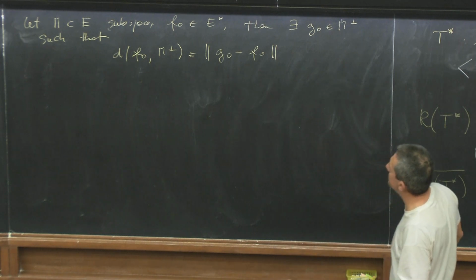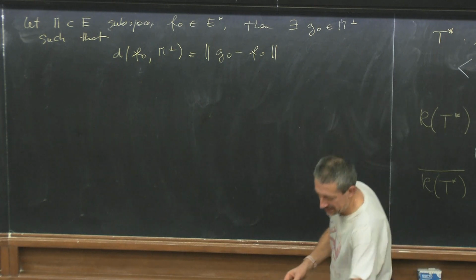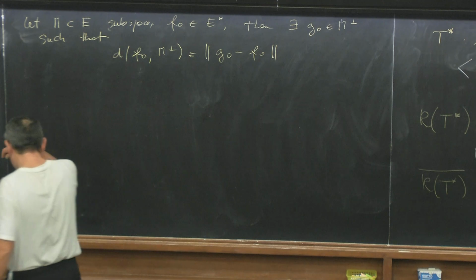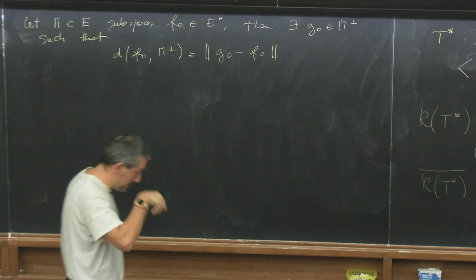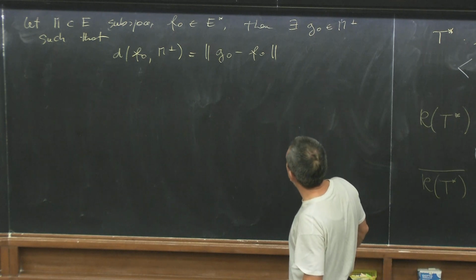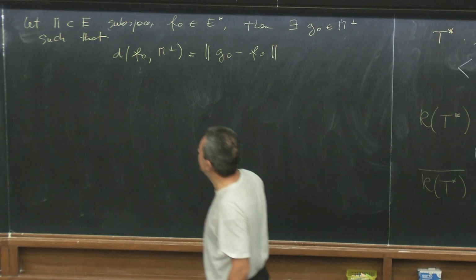My idea is that for this question, the norm is lower semi-continuous in the weak star topology, and any lower semi-continuous function attains its infimum on a compact set. Yes, the thing is correct, but let's see.